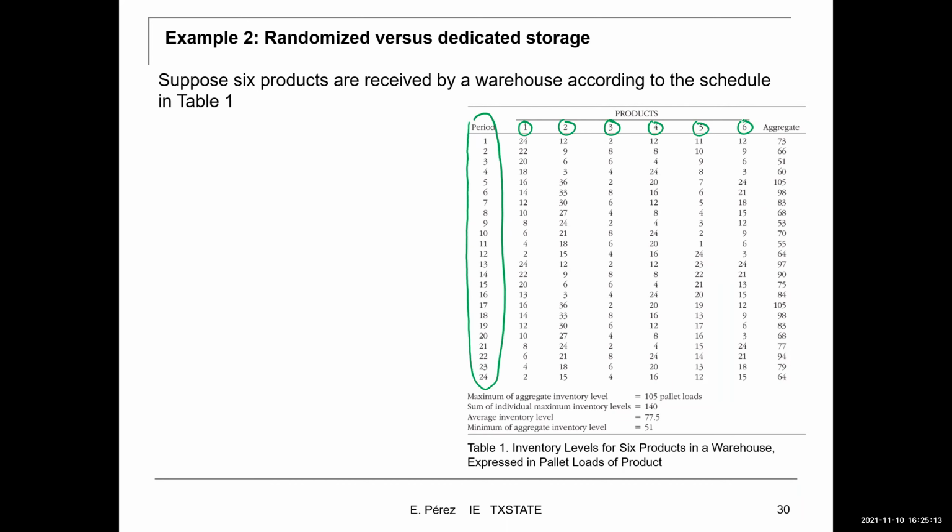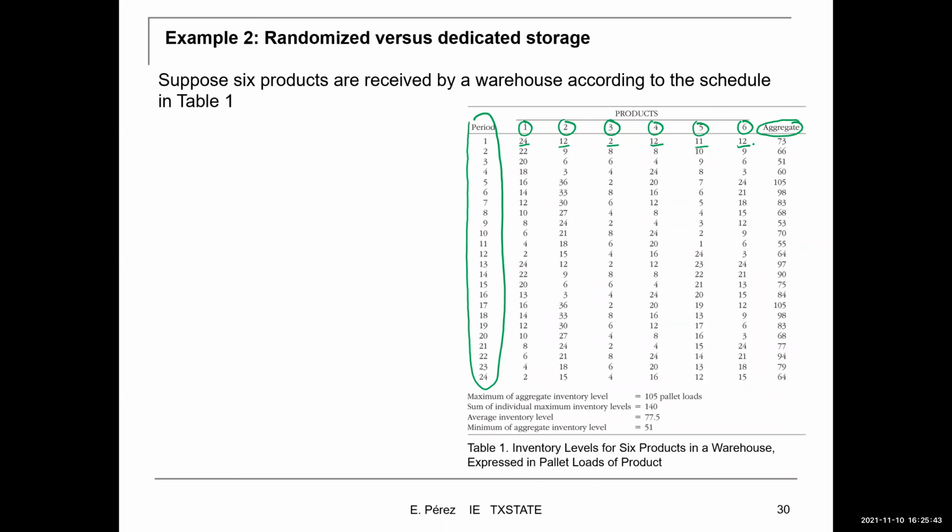We are receiving these units every time period. In time period 1, we get 24 units of product 1, 12 units of product 2, and so on. Time period 2, we receive 22 units of product 1, 2 units of product 6, and so on. In this column, what we have is the aggregate value, which is the sum of these numbers.